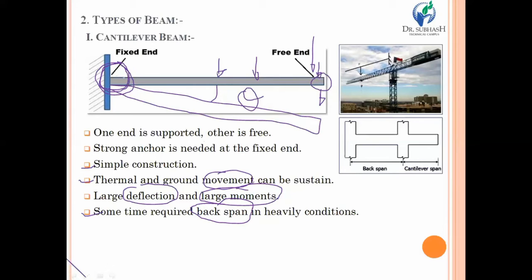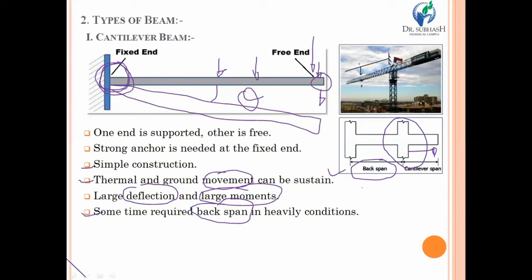So in order to make it strong enough to resist external load and stresses, we should use a back span. Look at the diagram below, this one is the back span, in which one more support is provided, and over here is the portion of the cantilever beam.